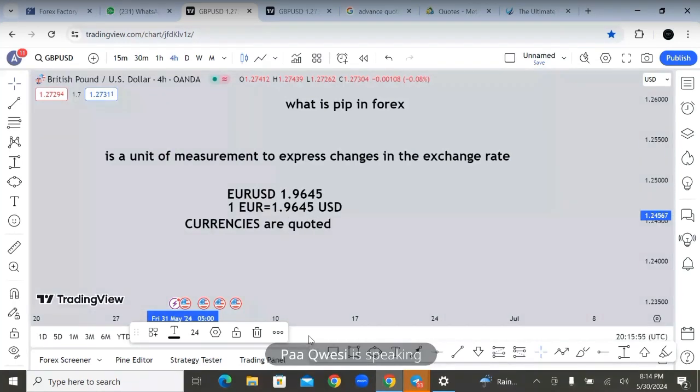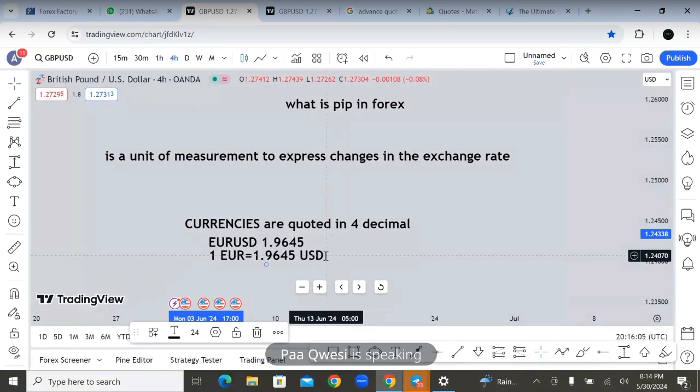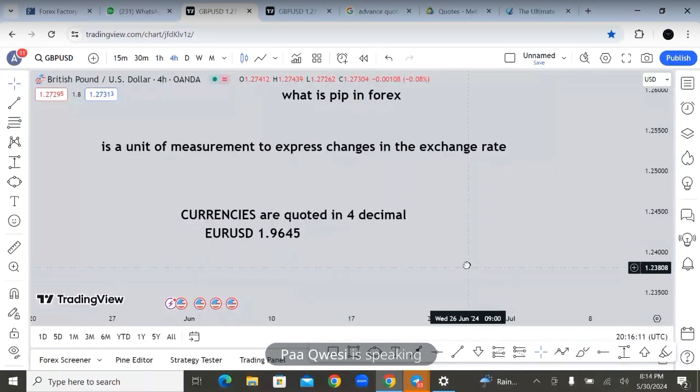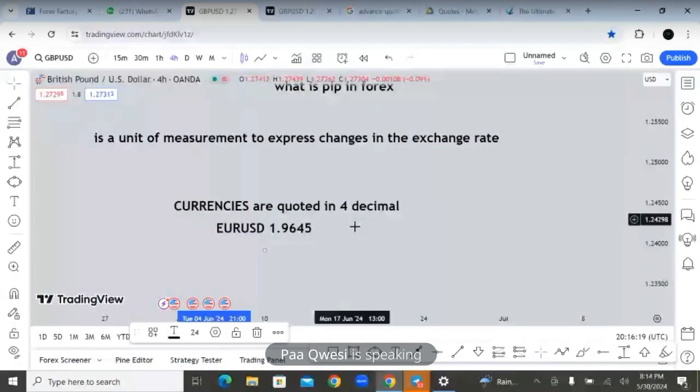That's how they are being written. So usually currencies are quoted in 4 decimal places, and when you are calculating, pips are calculated on the 4th decimal place of a currency pair.